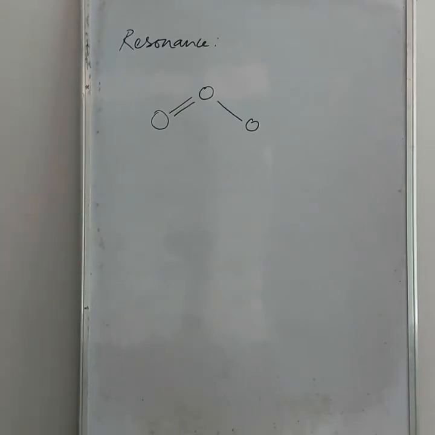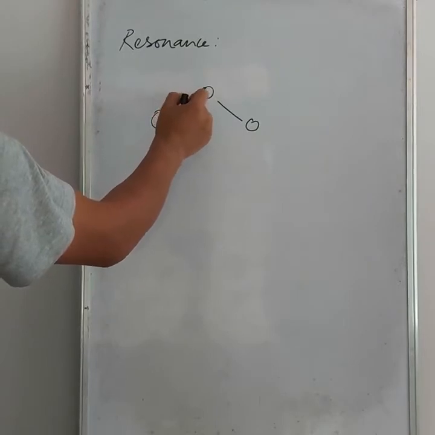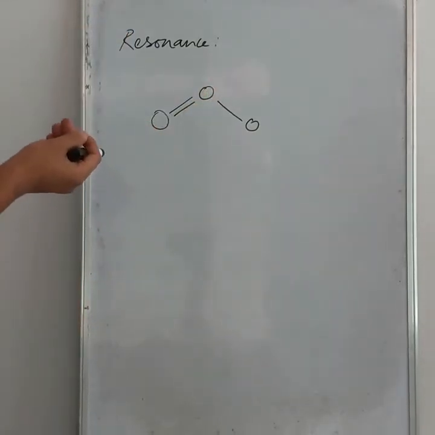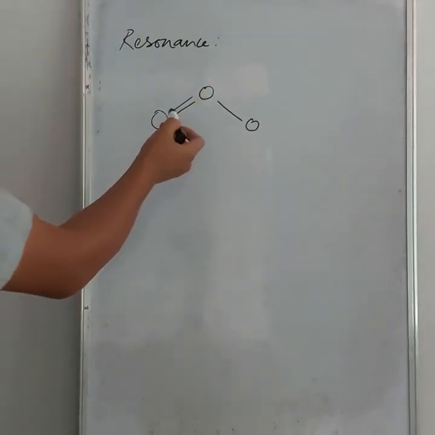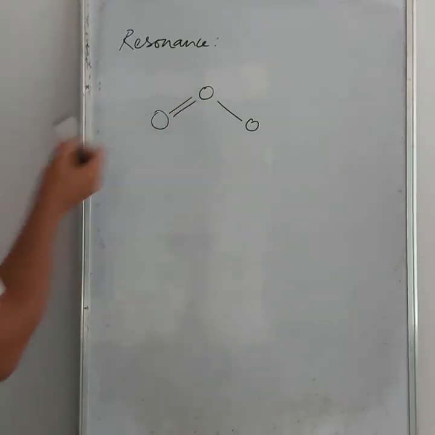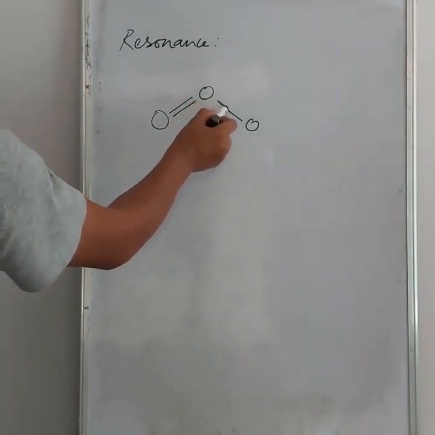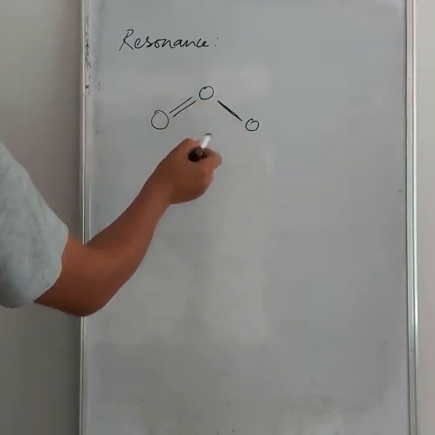But as we can see, when we look at this double bond spectrophotometrically, it doesn't behave as a double bond, and this single bond doesn't behave as a single bond.